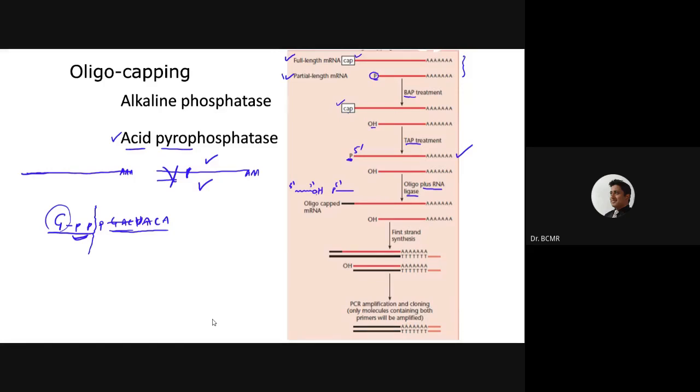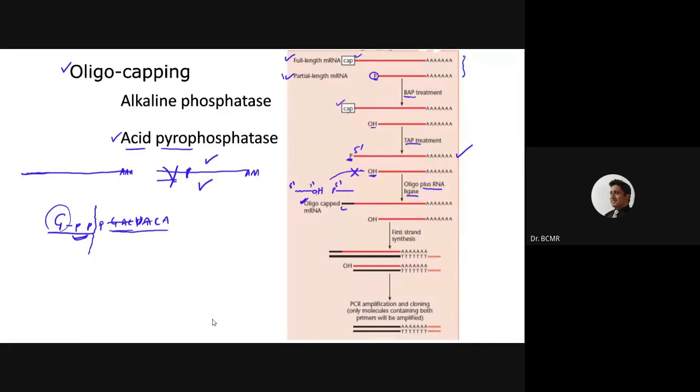So a phosphoester bond is made between these, and now you have the oligo capped. The technique name is also based on that, oligo capping. You are adding an oligo to the full length mRNA, whereas the fragmented one has no phosphate group, and it cannot ligate with the oligo. So only the full length mRNAs will get the oligo cap.